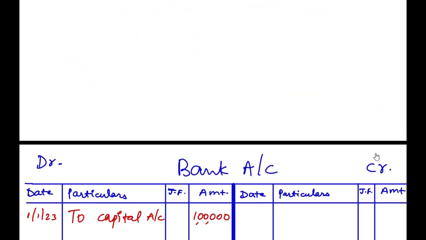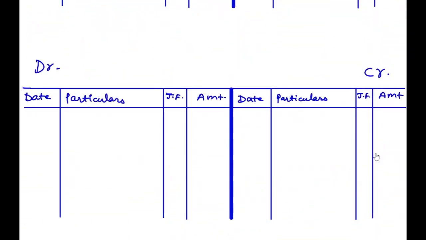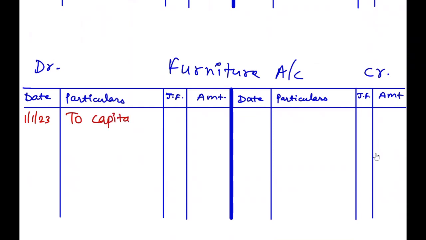Then third, what we have next? Then we have the furniture account. In furniture account also on 1st of January 23, we have brought in the furniture in the form of capital. So to capital account, what was the amount? It was 40,000 rupees.